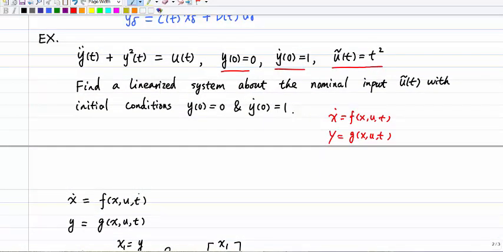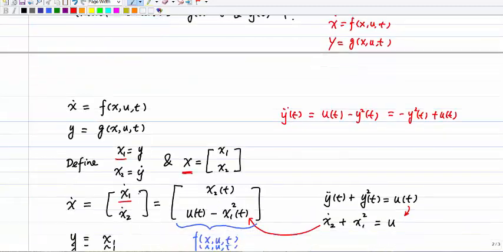If you pull the y squared term to the right hand side, you get y double dot(t) is u(t) minus y squared(t), or you can also write negative y squared(t) plus u(t), which is equivalent.